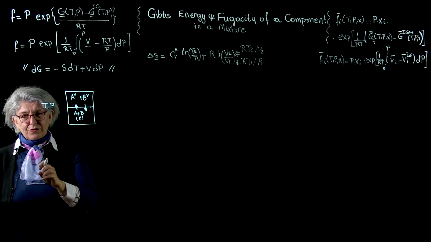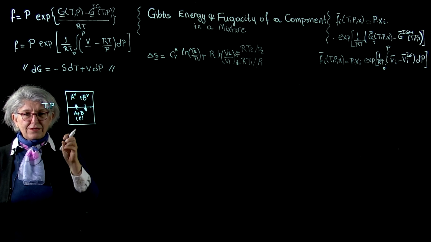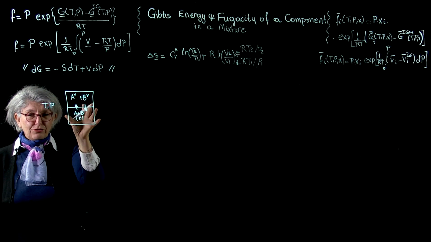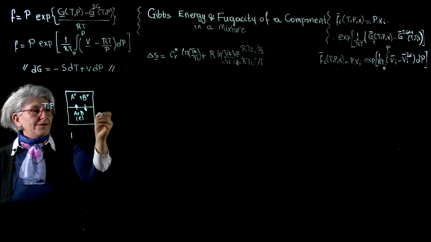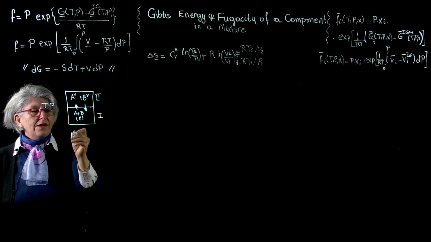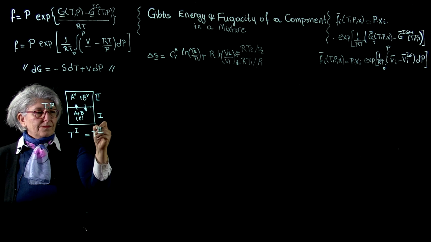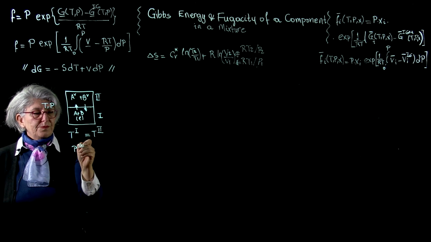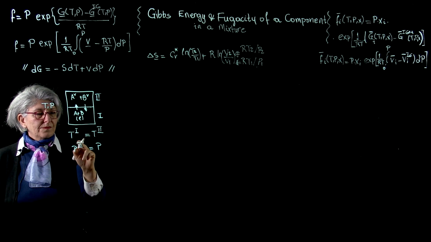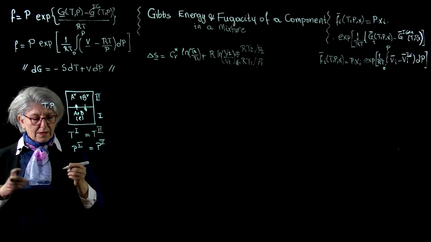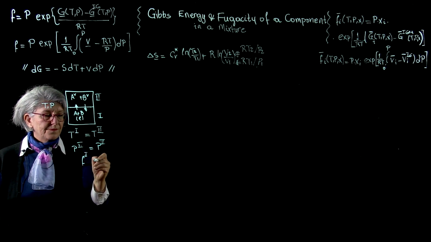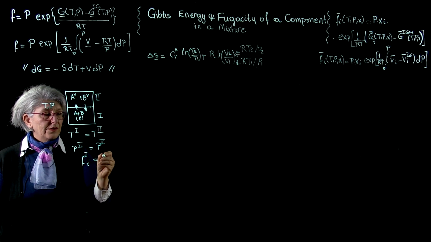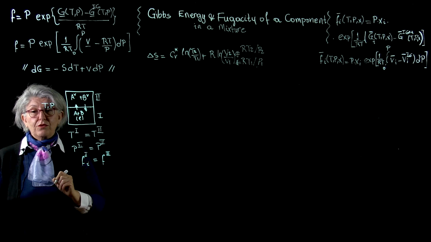Of course, our definitions of equilibria so far have established that in order to have an equilibrium, if this is phase 1 and if this is phase 2, we have to have equality of temperatures, equality of pressures, and equality of the fugacities for the components in both phases.